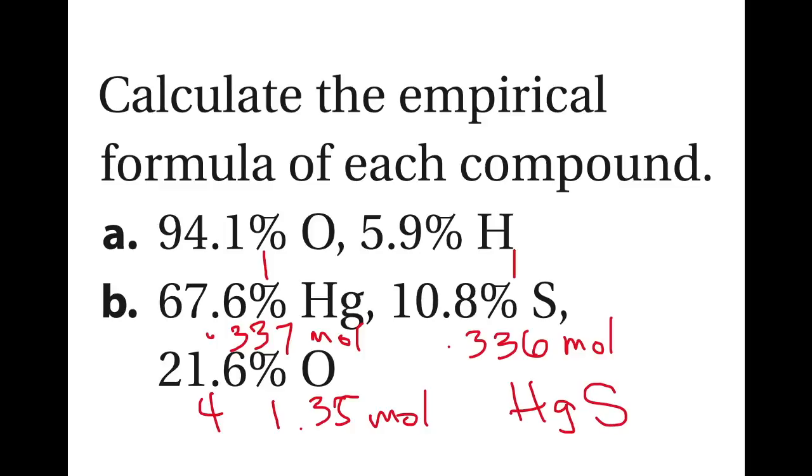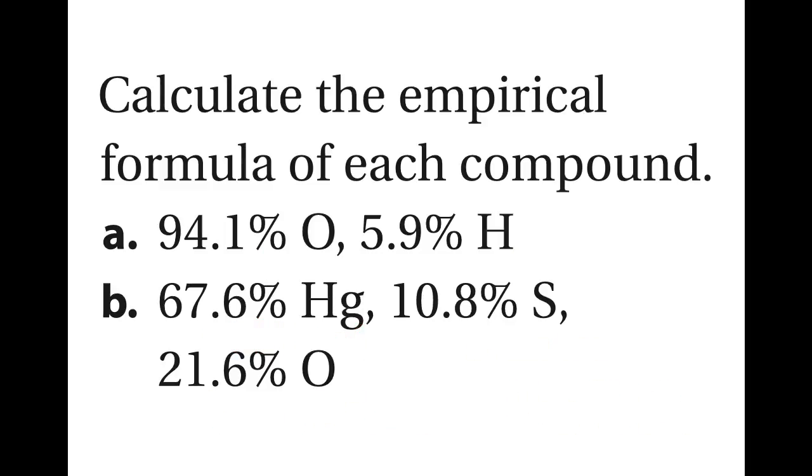So S, which is also 1, so I don't have to write it down. And O, I have 4 of them. So again, the empirical formula should be HgSO4.